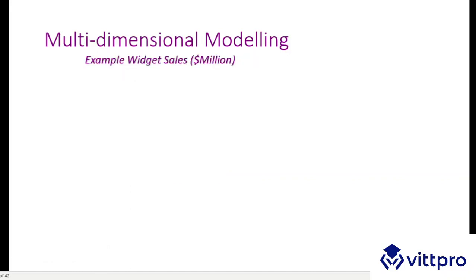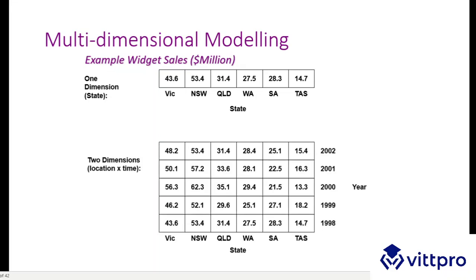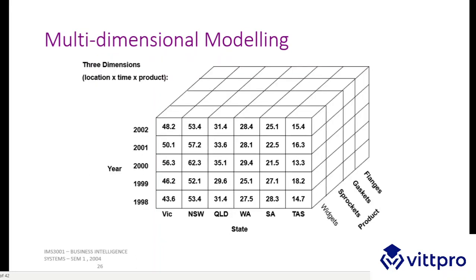Okay. So here is an example of the one dimension. In this example we are adding dimensions step by step. We are looking at the sales by state. Then two dimensions means we will look at the sales by year. And once you want to add more dimensions, three dimensions, you can say the sales by year by product.